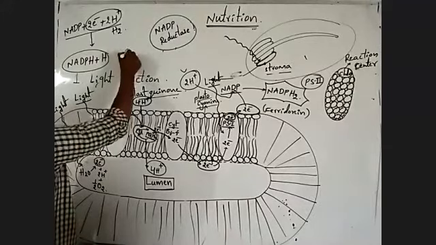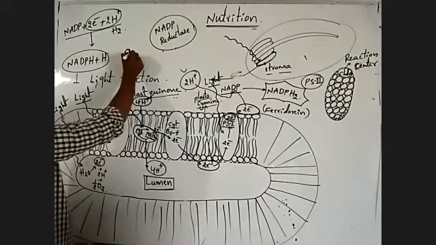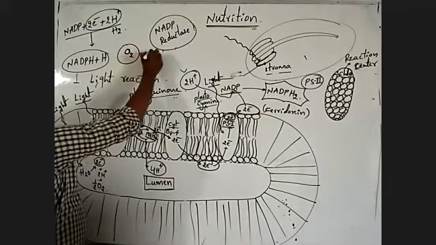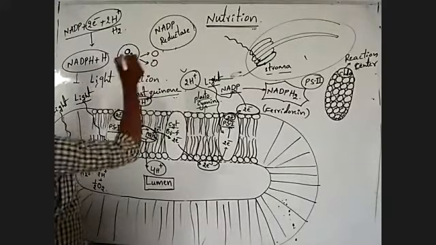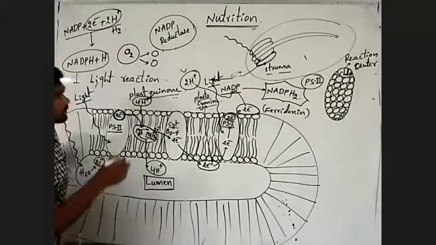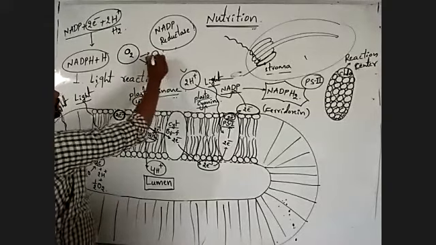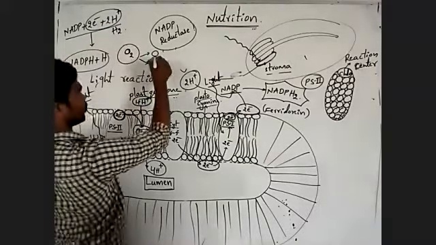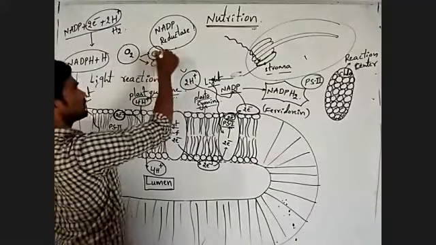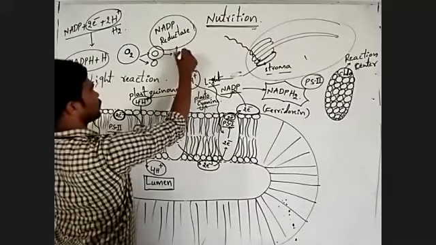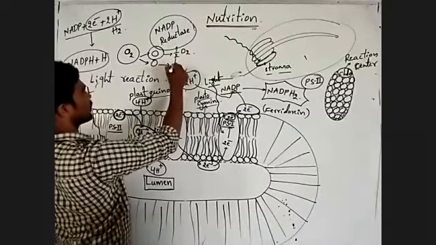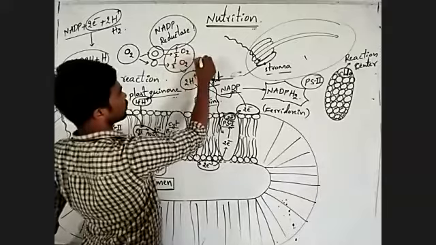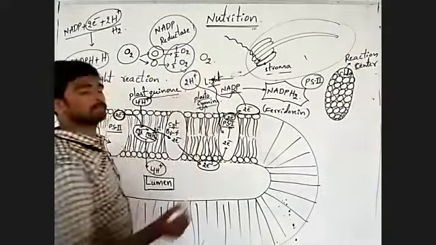Actually, an oxygen molecule has two atoms. This is an oxygen molecule. It has two atoms of oxygen. This atom is half of the oxygen molecule. We can say this oxygen is half O2, this oxygen is half O2. Half O2 plus half O2 is equal to O2.